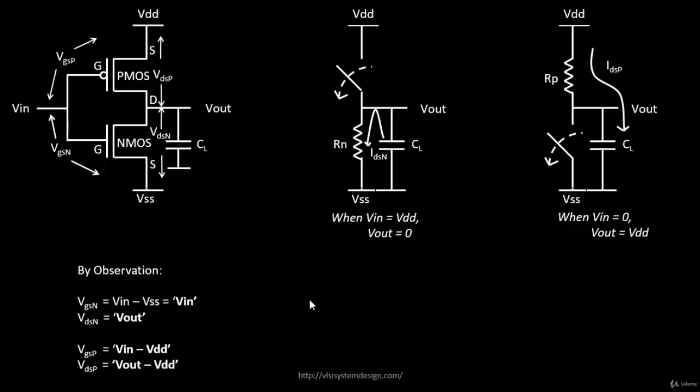One more observation that we talked about just in the beginning of this video is the drain current direction. In this case, IDSP is the negative of IDSN, because if you observe the drain current flow in this capacitor itself, they are in opposite directions. So we have this one more important observation, which is IDSP is the negative of IDSN, and these are the only things that we need to derive your drain current.